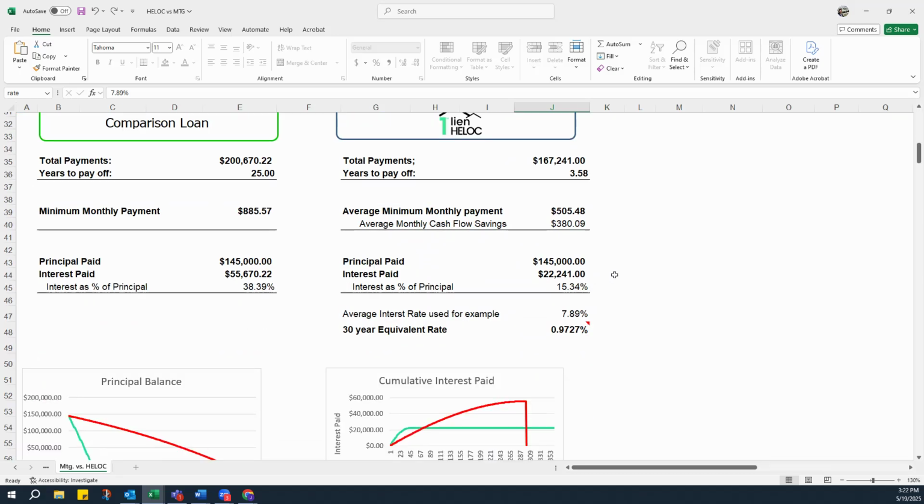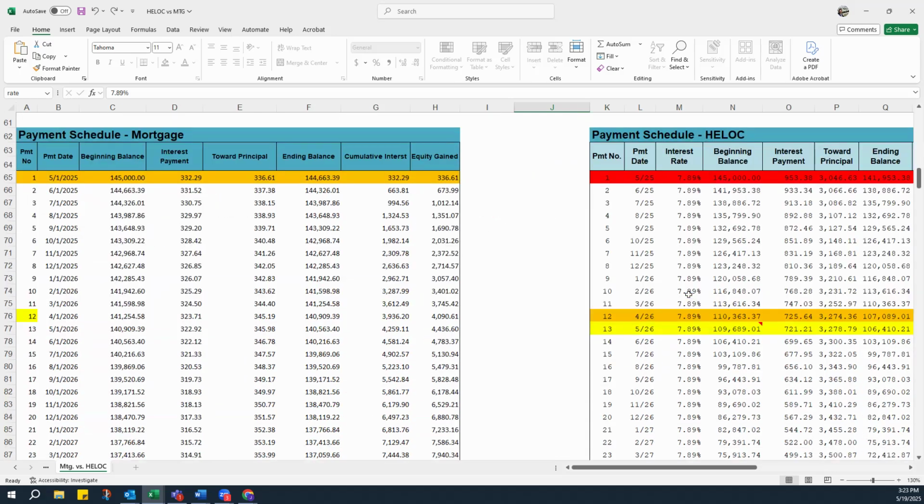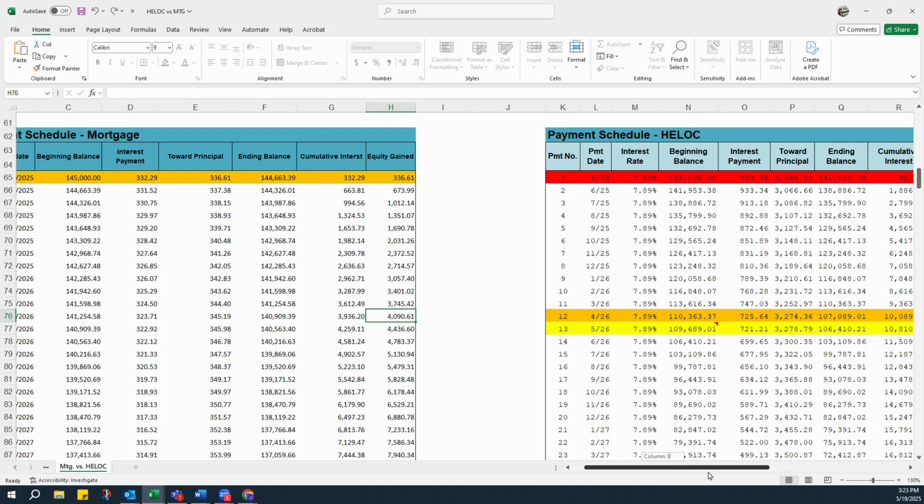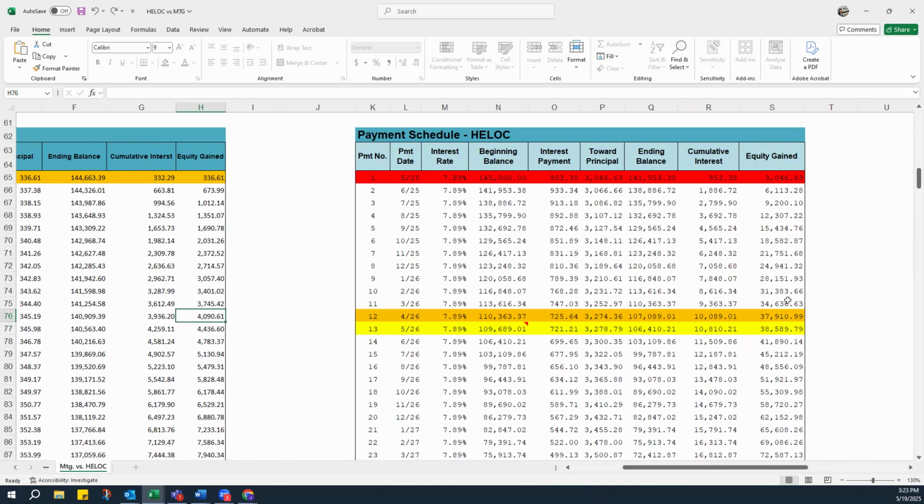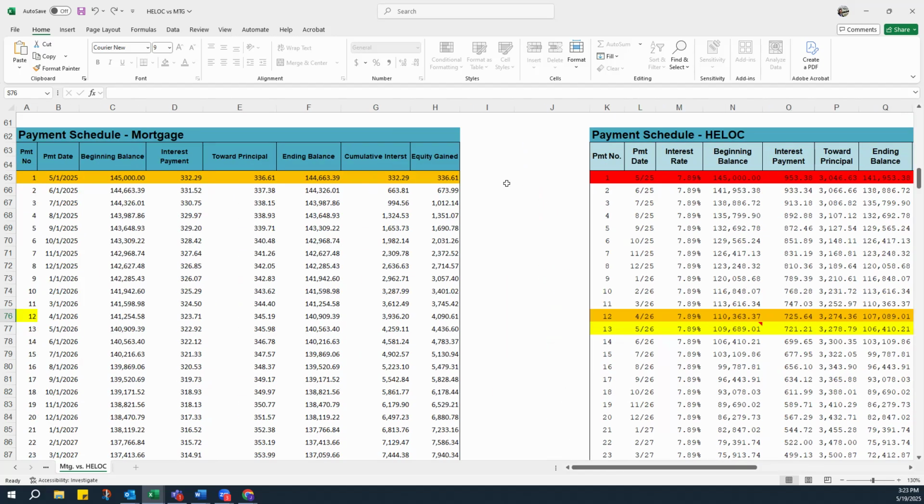So that is a quick overview of how we can overcome a 2.75% 30-year fixed with a first lien HELOC and still outperform. Over here, 30-year fixed is reducing your mortgage balance by about $4,000 per year. First lien HELOC, you're seeing $37,000 to $38,000 being reduced.